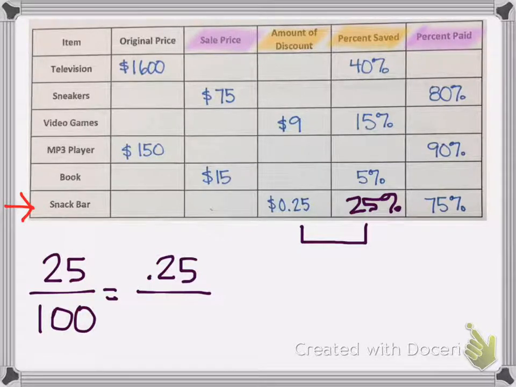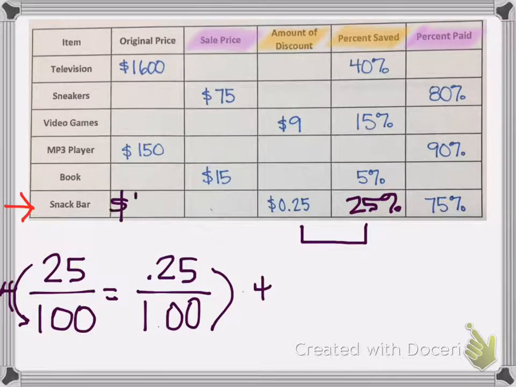And then I need to know the whole. Well, how can I change 25 into 100? Well, I multiply by 4. So over here, I'm also going to multiply by 4, and that makes it $1. So I know the snack bar originally cost $1.